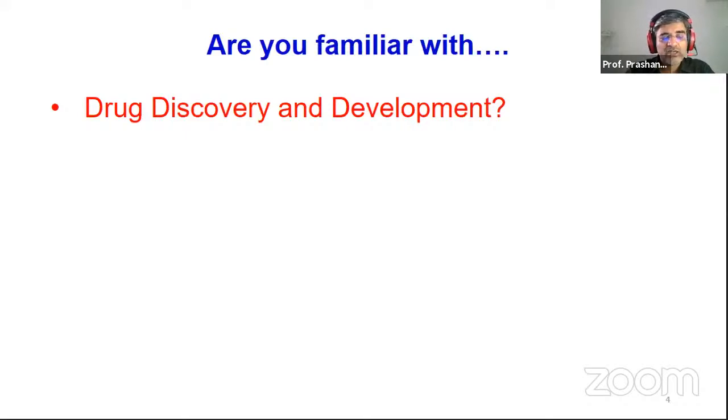Then in the early 1960s we had the thalidomide disaster, and the whole scenario of drug discovery and development, with reference to regulatory agencies, changed. Modern day drug discovery is way too different from what we used to do, and we are going to briefly touch upon what all we do in it.